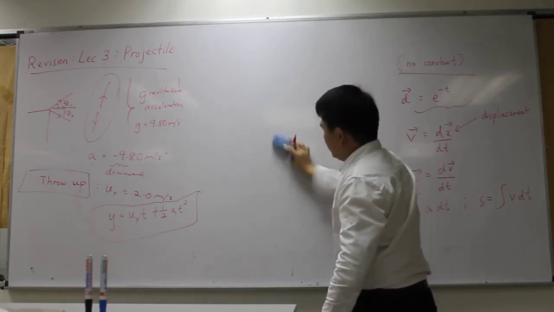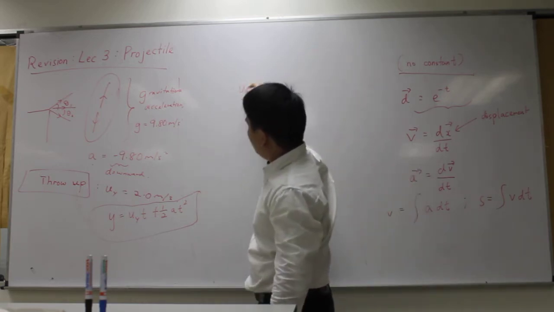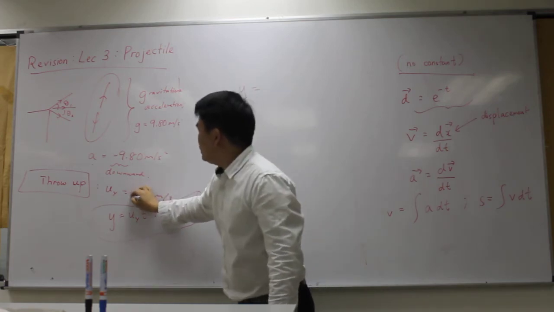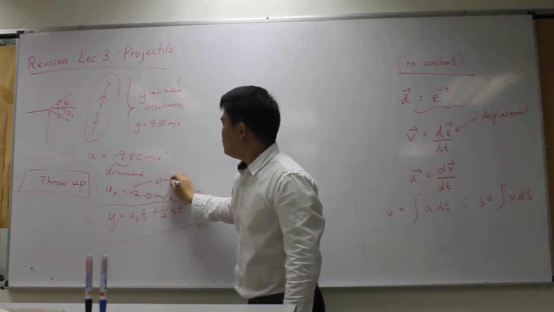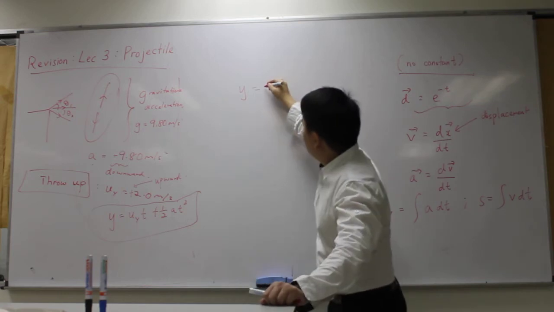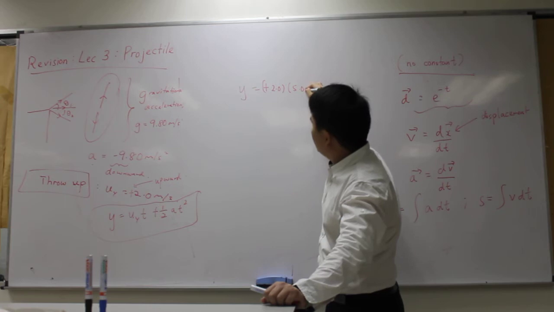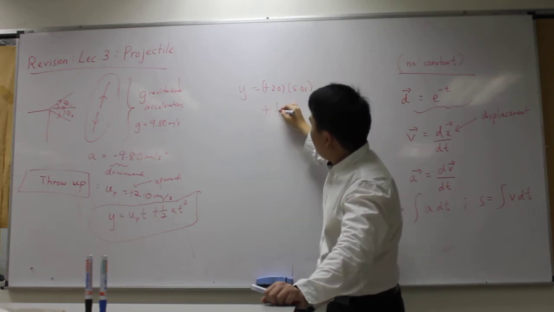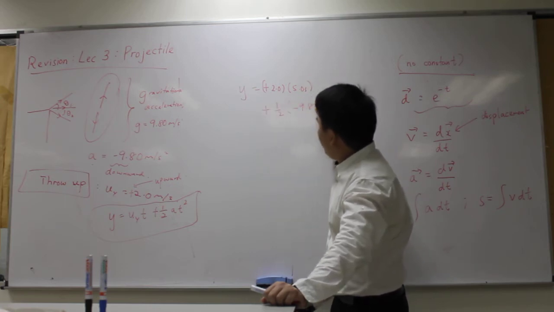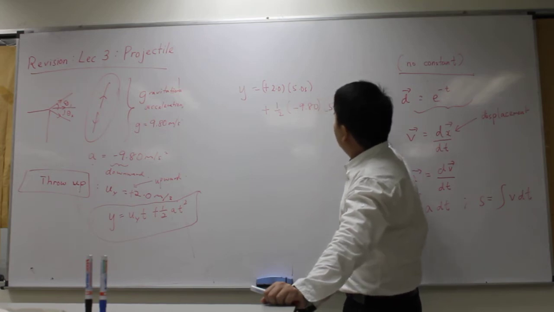So y equal to this one, the positive indicates upward, so I can put it as positive 2.0 times 5 seconds, plus half times negative 9.8 times 5 squared.